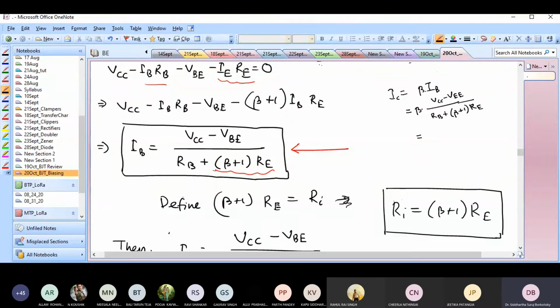But then this term beta plus 1 is almost equal to beta. So this is approximately equal to (VCC - VBE) divided by RB plus beta RE, since beta plus 1 is approximately beta.